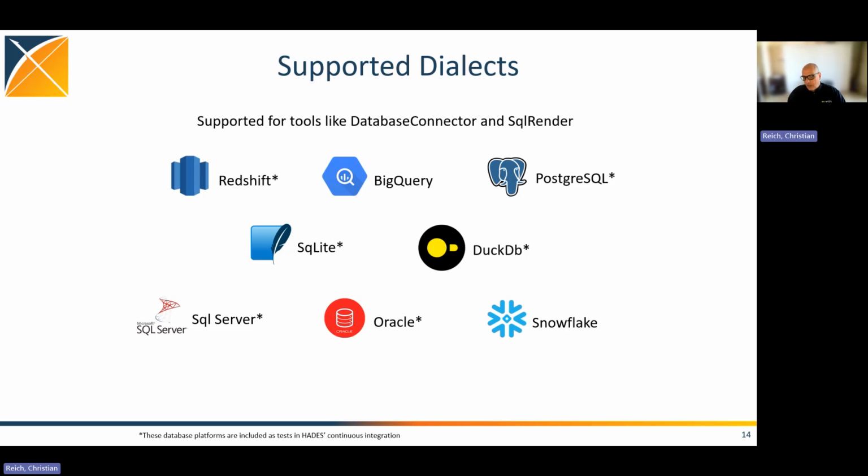So we have to be compatible. There are two R packages called Database Connector and SQL Render. SQL Render makes the standard SQL query compatible to whatever is installed, and Database Connector deals with the access.